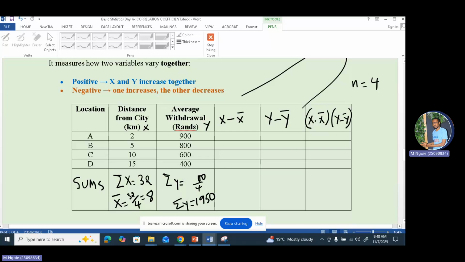That's not the correct. Let's go back. I think I have a problem here. Okay. $900 plus, oh, I used the wrong one.